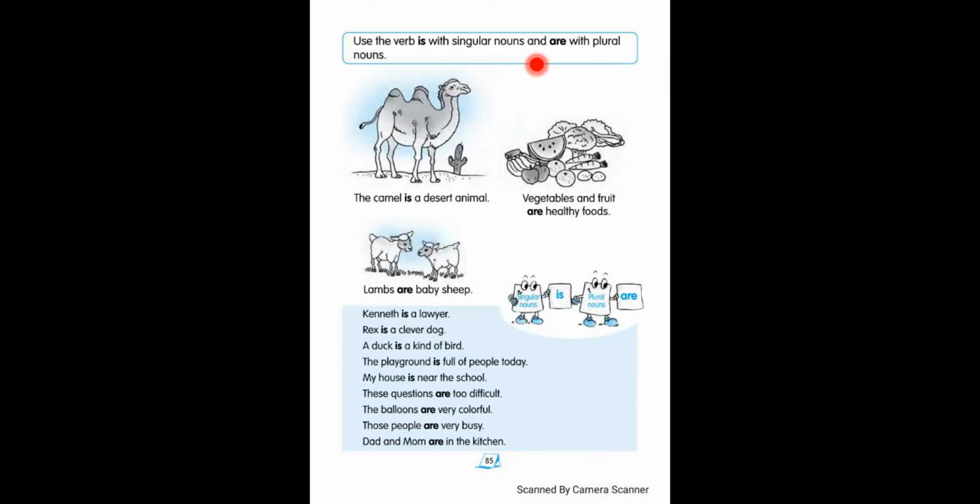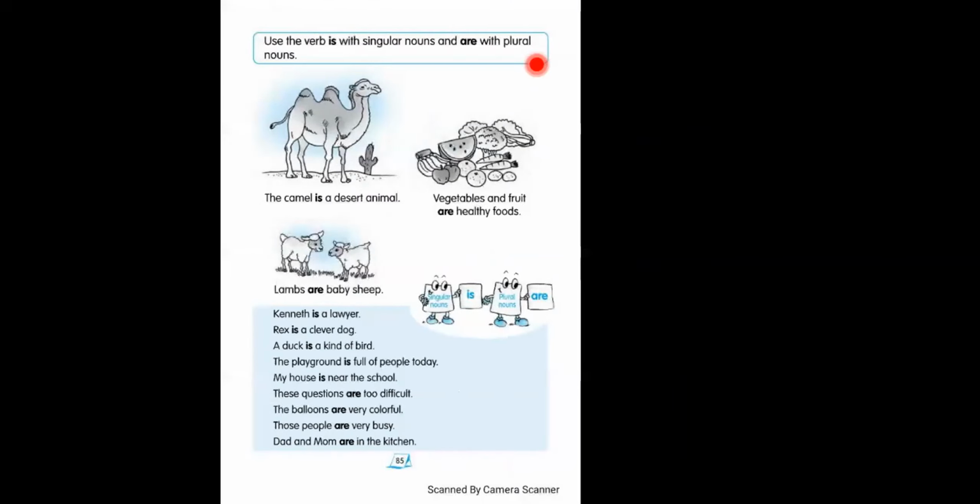So here when we are talking about apple, one apple, then for a singular noun we use is. Mangoes are delicious, so here mangoes are plural. बहुत सारे mangoes की हम बात कर रहे हैं, right? Plural. So mangoes के साथ हमने क्या लगाया? Are. Mangoes are delicious. An apple is a red color fruit, is. So here is is used with singular nouns and are is used with plural nouns.